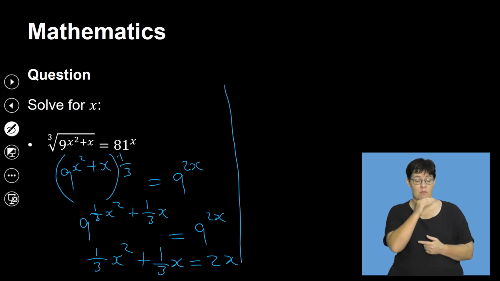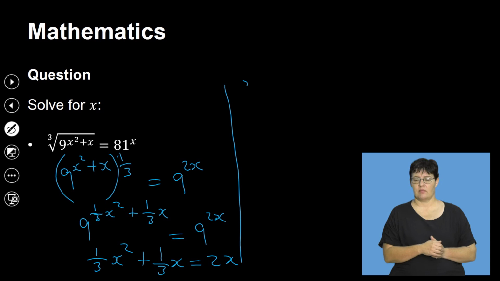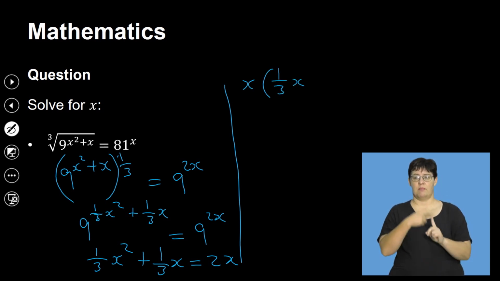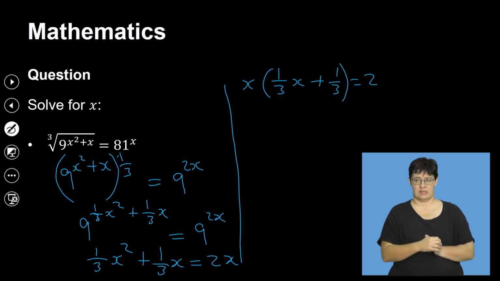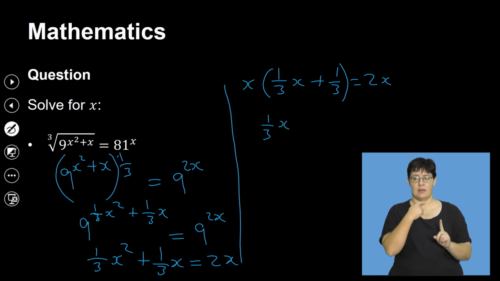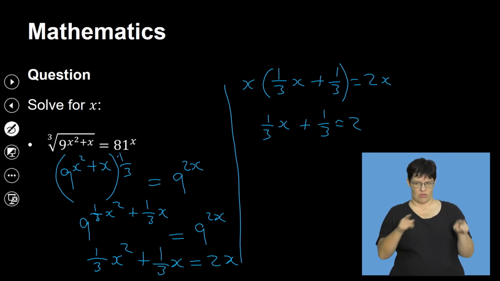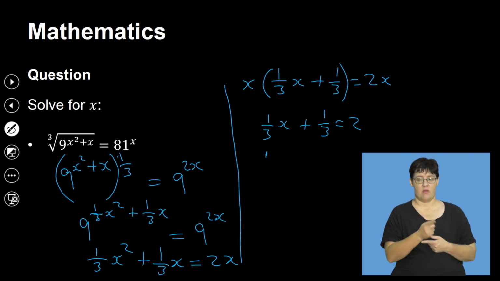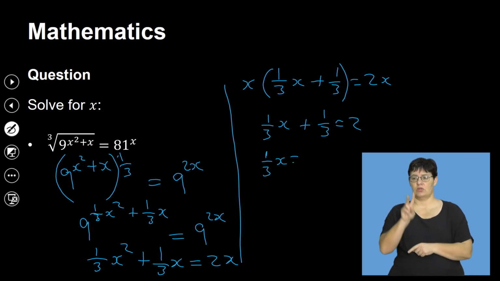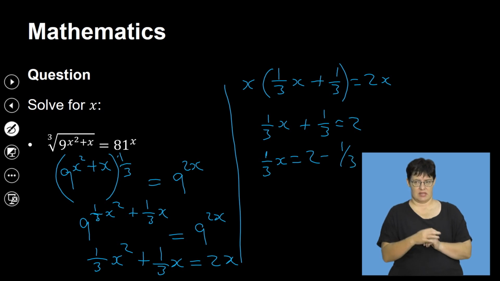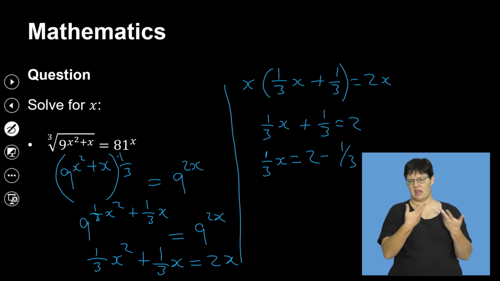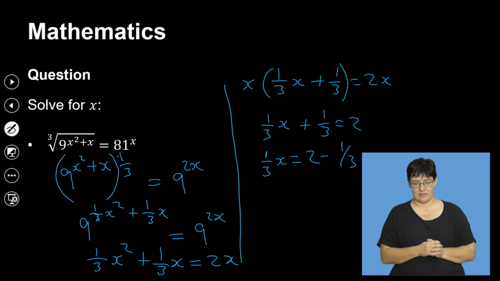So quickly, just to show you what I mean, this is going to be x into 1 over 3x plus 1 over 3 equal to 2x, and then I will have 1 over 3x plus 1 over 3 equals to 2, because I divide both sides by x, and then it will be 1 over 3x equal to 2 minus 1 over 3. And then from there, I know you can then press your calculator and simplify this.